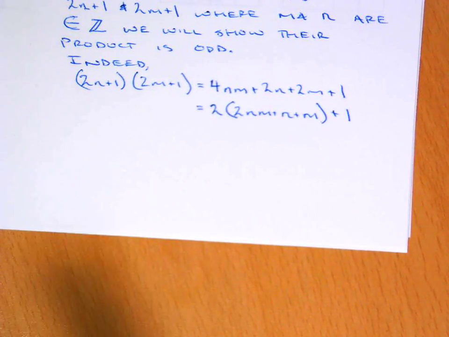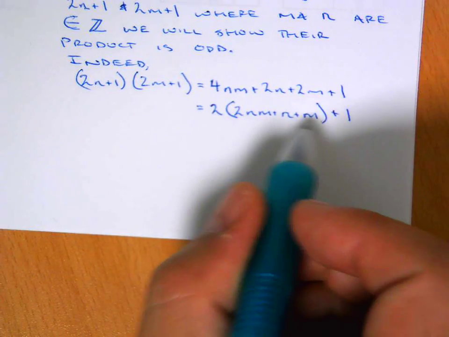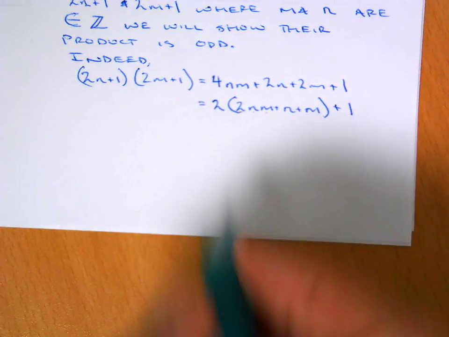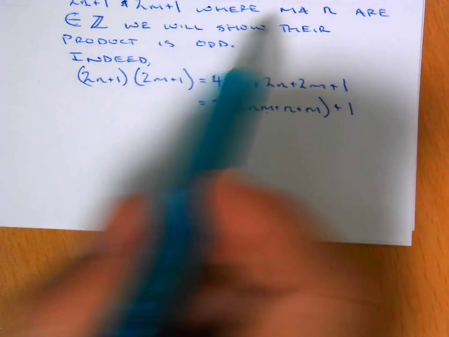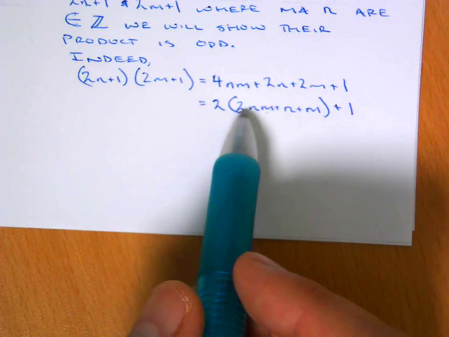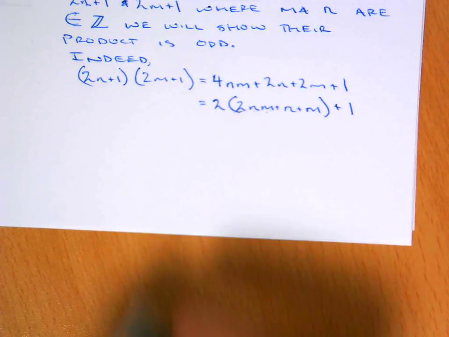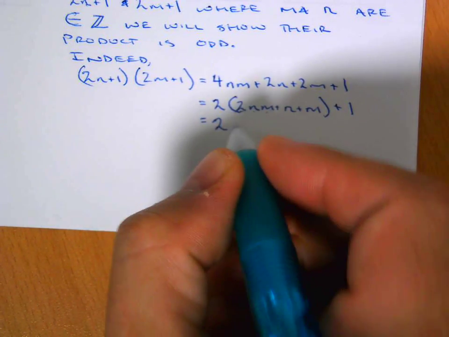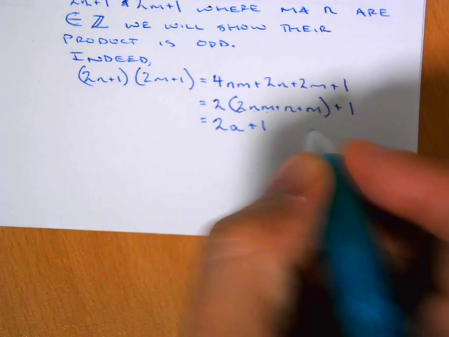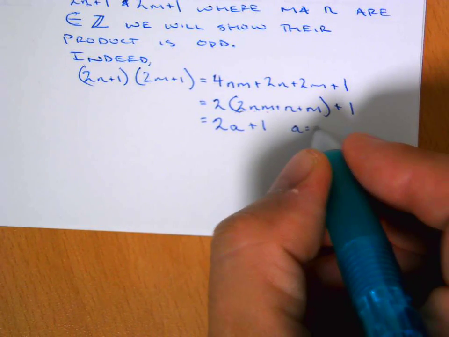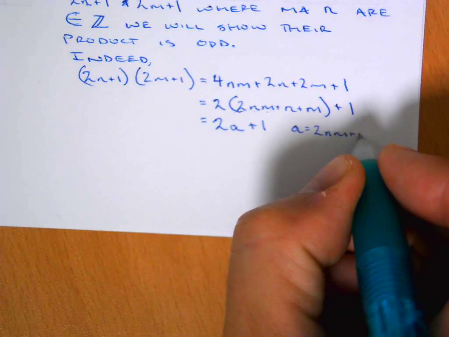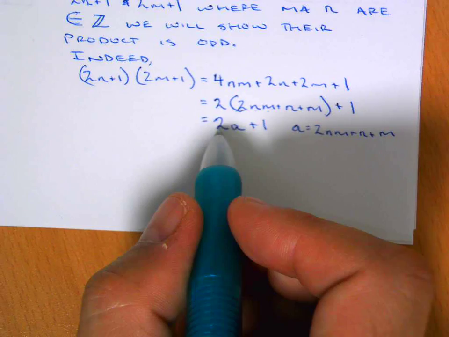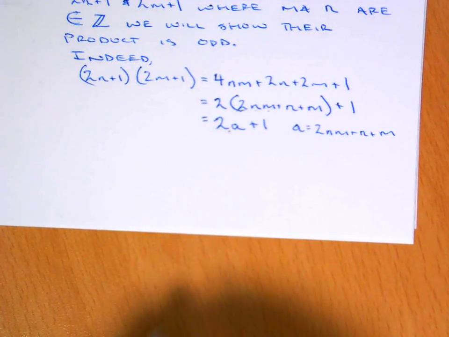Now, this whole ugly thing in here, 2nm plus n plus m, well, that's got to be another integer. If all of these are integers, like I stated up here, and I multiply by 2, it still has to be an integer. And so we're going to say that this is equal to 2a plus 1, where a stands for 2nm plus n plus m.